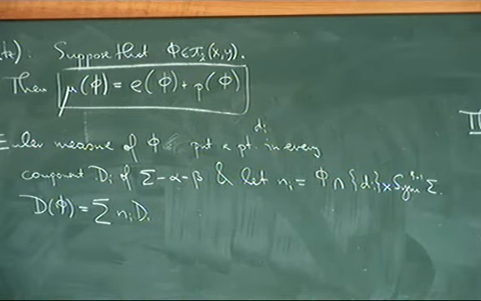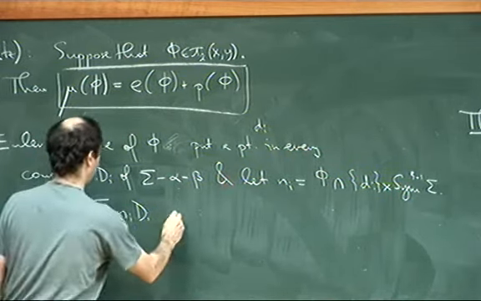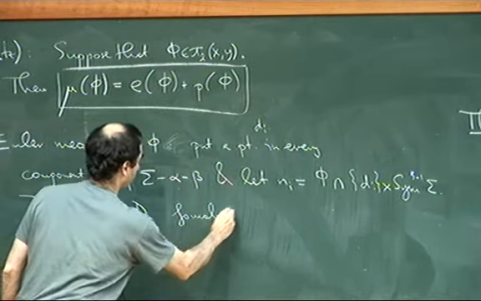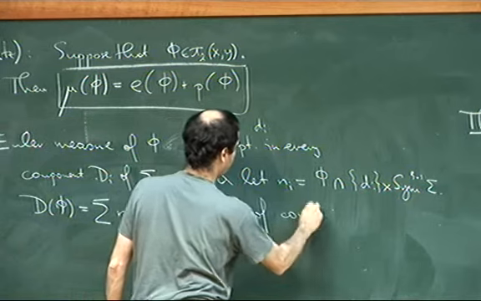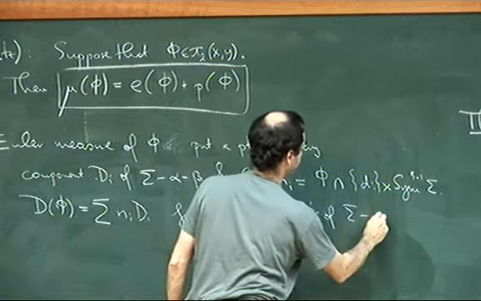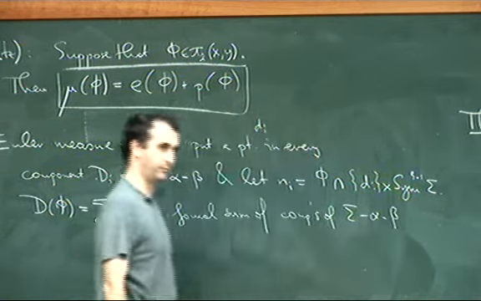Okay? So it's just the formal sum of components of sigma minus alpha minus beta.